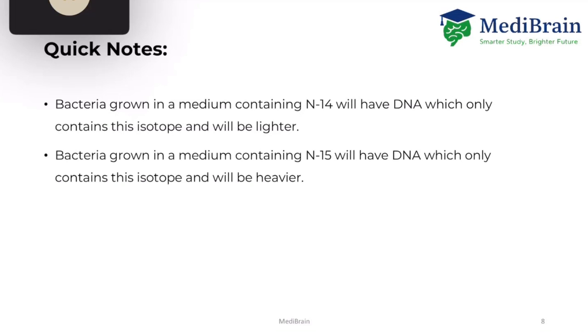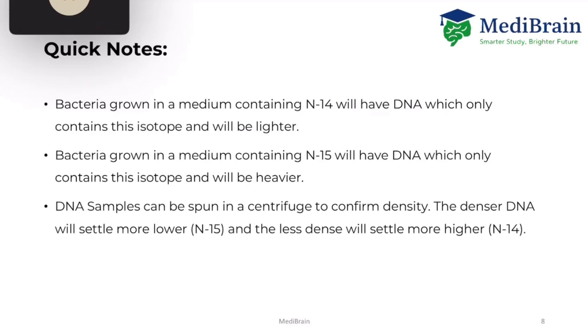Bacteria grown in a medium containing 15N will have DNA which only contains this isotope, and it will be heavier. DNA samples can be spun in a centrifuge to confirm density. There is a whole lesson on the centrifuge, but basically the centrifuge is spun to confirm the density of the DNA. It's to confirm that there are different components of DNA. Some parts of the DNA are heavier compared to other parts.